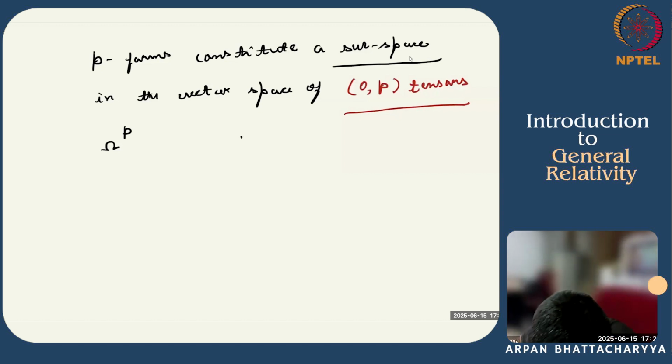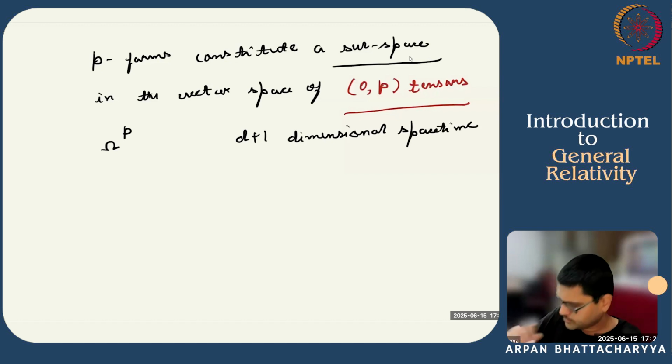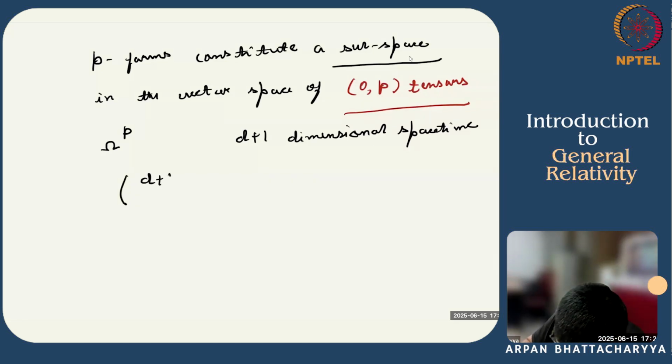And if you work in D+1 dimensional space-time, then the dimension of this subspace omega P is nothing but D+1 choose P. This is the binomial coefficient.